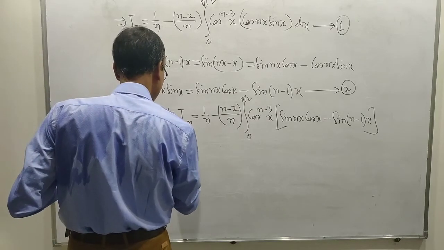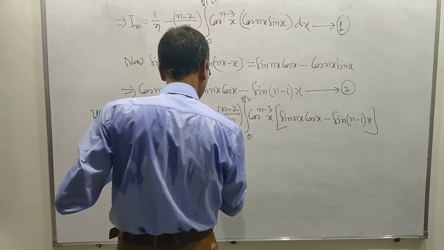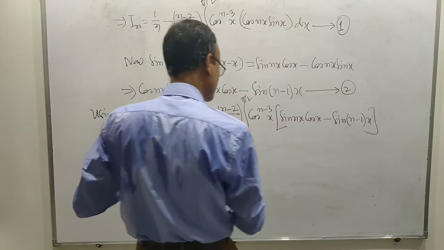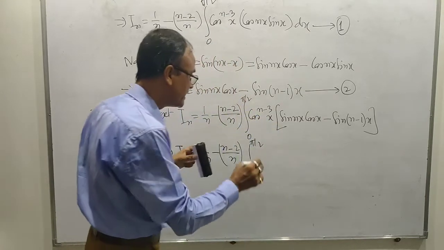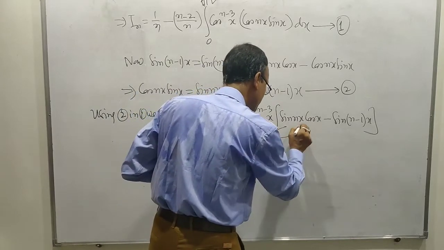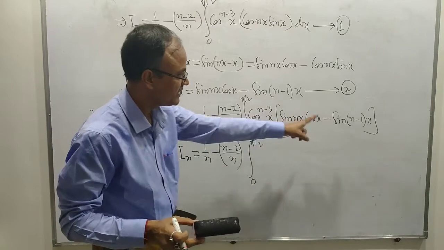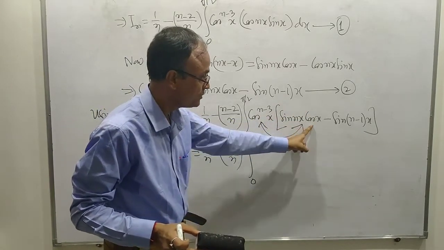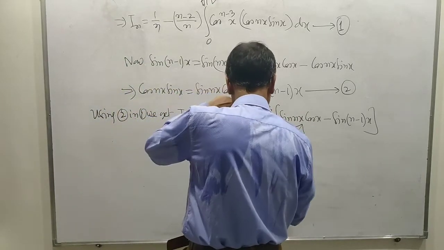This means I n equal to 1 by n minus n minus 2 by n, integral 0 to pi by 2. You see, this multiplied by this: cos to the power n minus 3x into cos x will be equal to cos to the power n minus 2x.